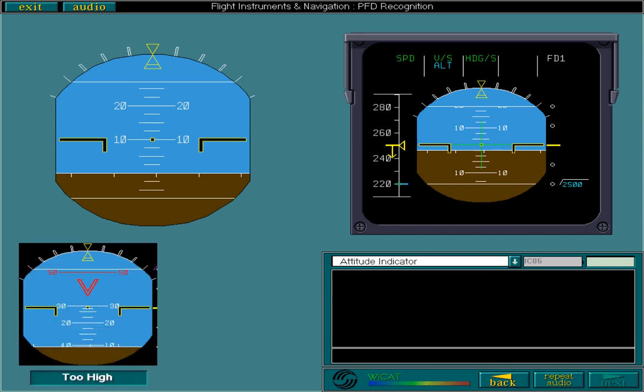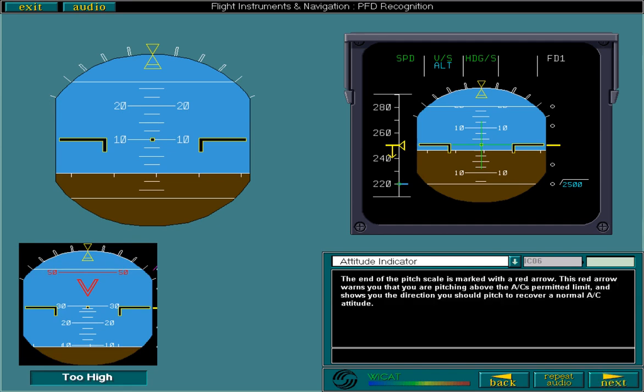The end of the pitch scale is marked with a red arrow. This red arrow warns you that you are pitching above the aircraft's permitted limit and shows you the direction you should pitch to recover a normal aircraft attitude.